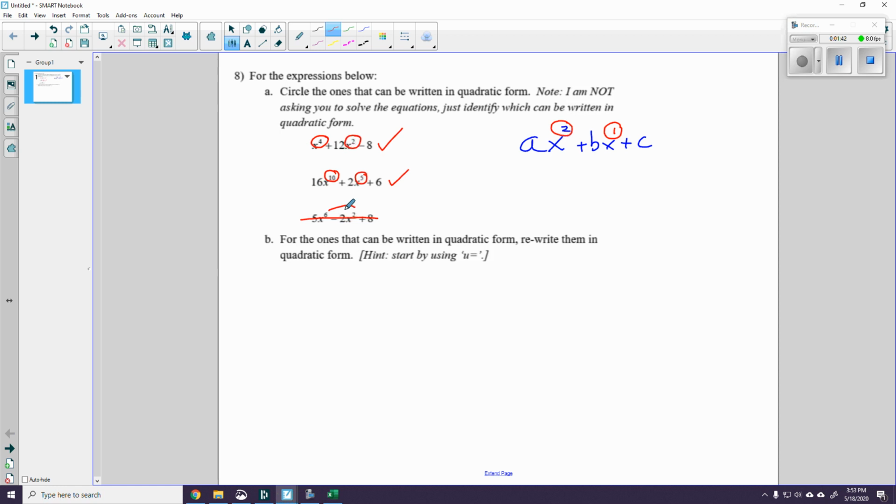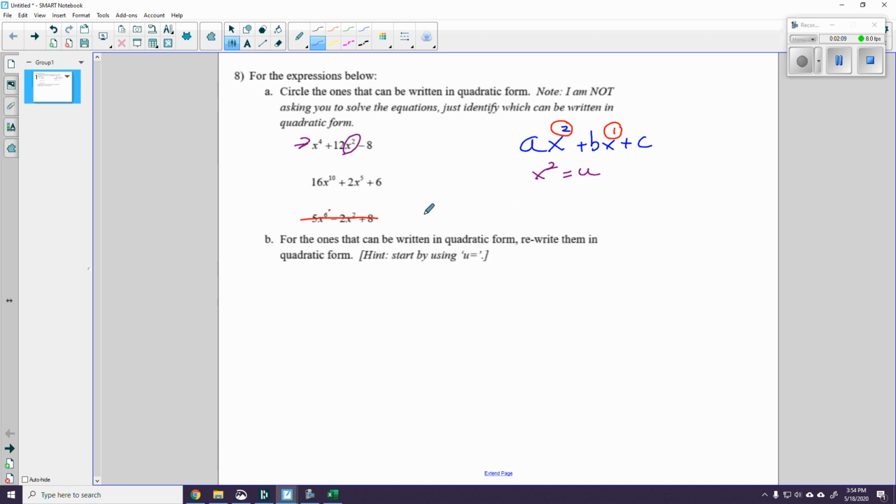So now that we know which ones can be written in quadratic form, how do we actually do it? The way that I like to do it is by using a substitute variable, u. So I'm going to do this one first. I take the middle power here, which is x squared, and I set that equal to u.